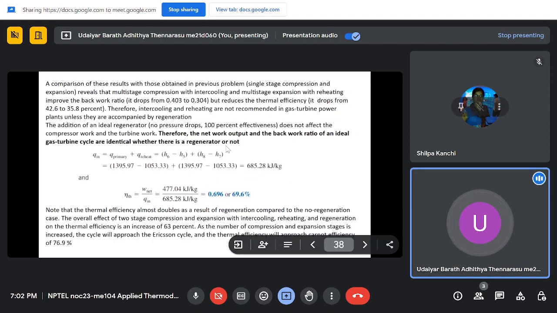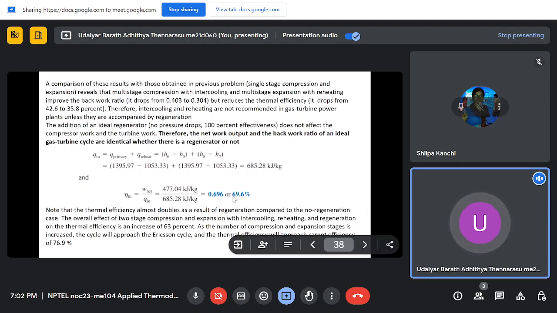So substituting that, we'll get that the heat added is 685.28 kilojoule per kg. So now substituting this, efficiency W net by Q in will come out to be 69.6%.